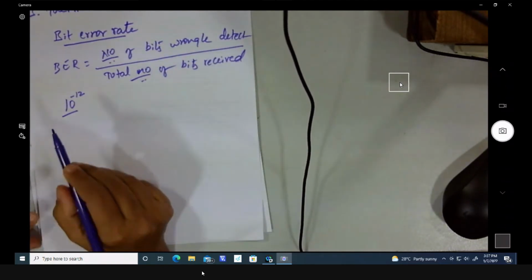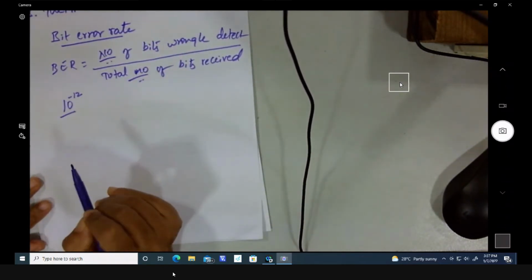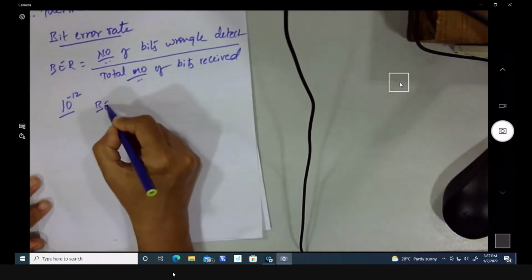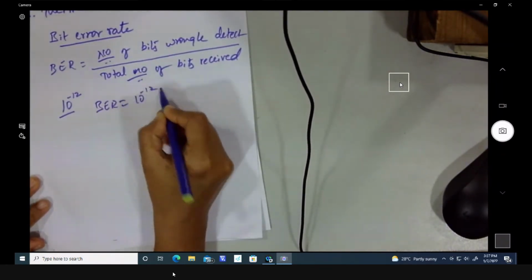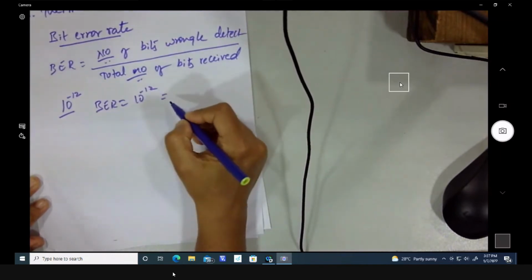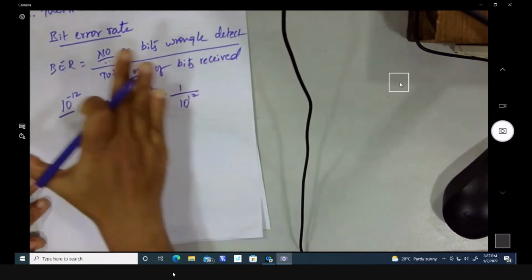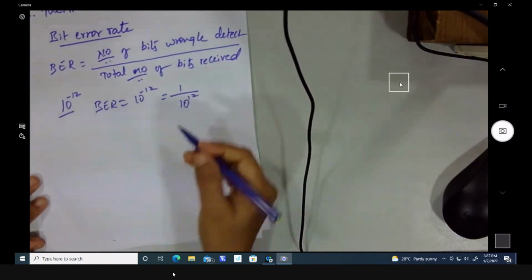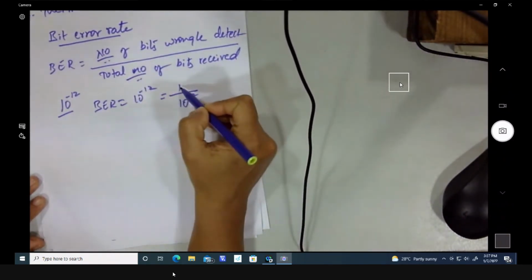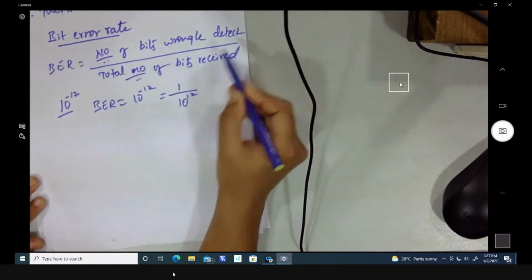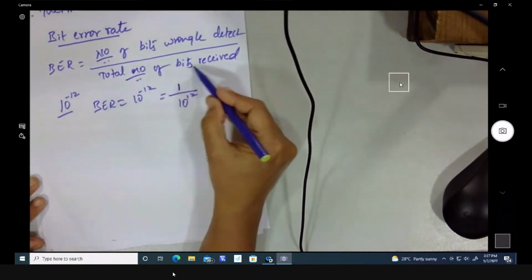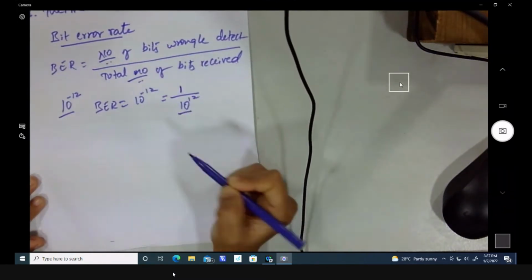Good, perfect. So here I said bit error rate is equal to 10 power minus 12, and we write 1 divided by 10 to the power of 12. That is the meaning of 10 power minus 12. In the numerator, the number of bits wrongly detected is 1, and the total number of bits received is 10 power 12.